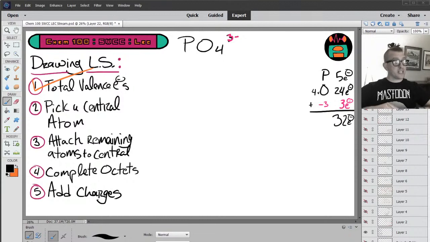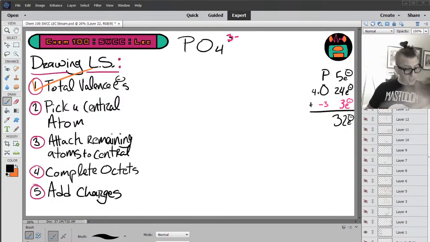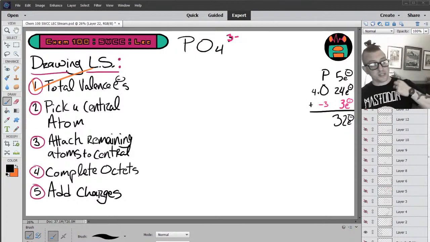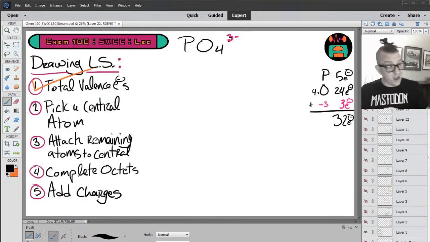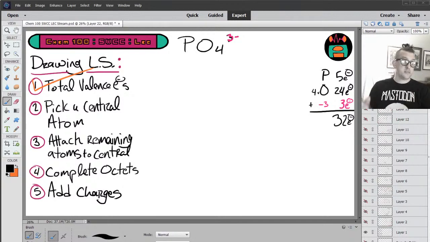And that is often the case with elements on the third period or below. Totally, Blake. After this example, I'll hit you up with an answer to your question. Elements that are on the third period or below are allowed to break the octet rule, but they don't have to. And often they don't. They actually like kind of following it, but every once in a while you'll see it spring up where they don't.